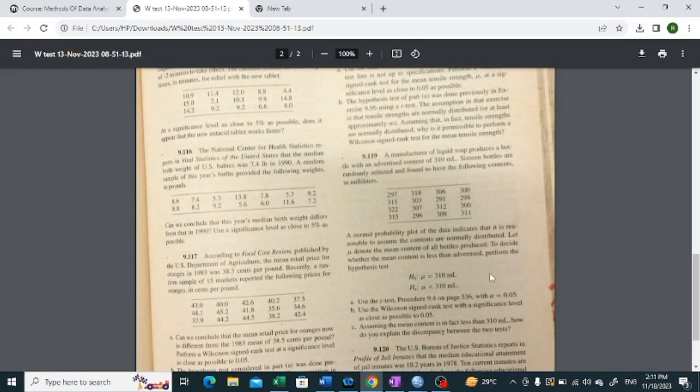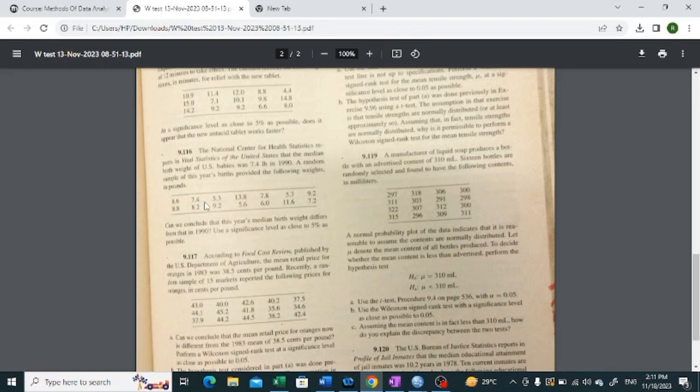Over here we are asked to test the hypothesis that this year's median birth weight differs from that in 1990. The reference value for 1990 was given as 7.4 pounds. So our median value that we state in H naught for hypothesis testing purposes, we will take it as 7.4, and if we look at the data, the second value in the first row is given similar to the median value.